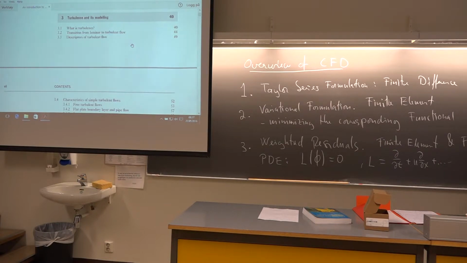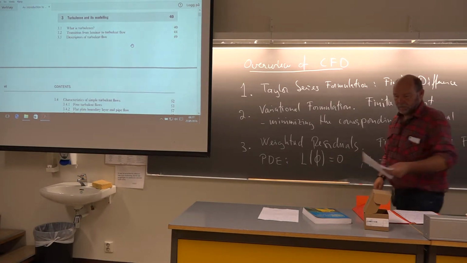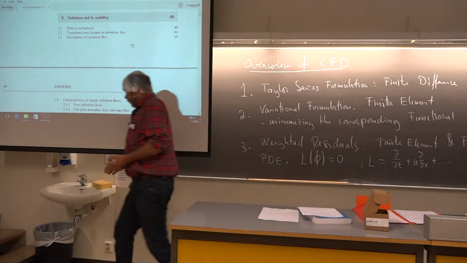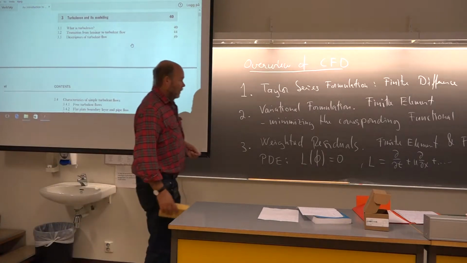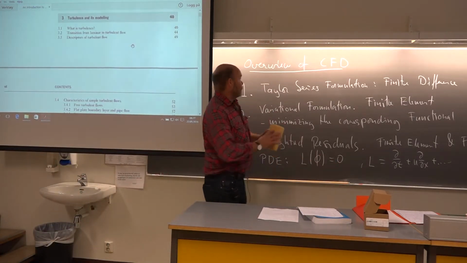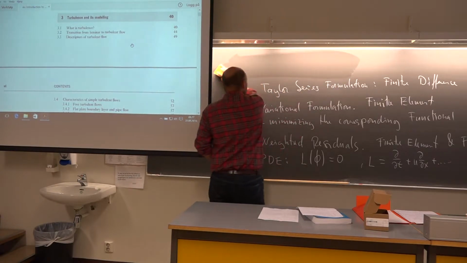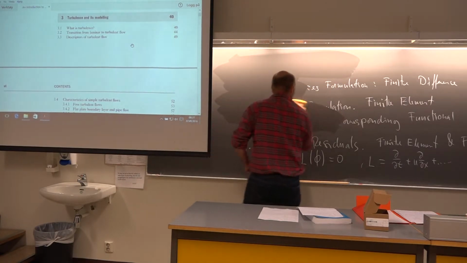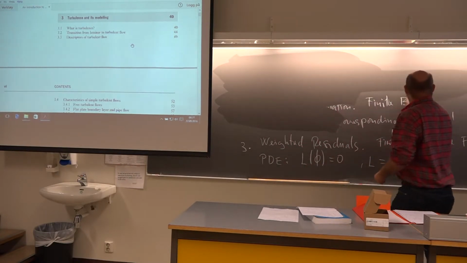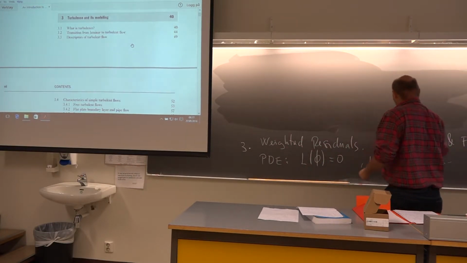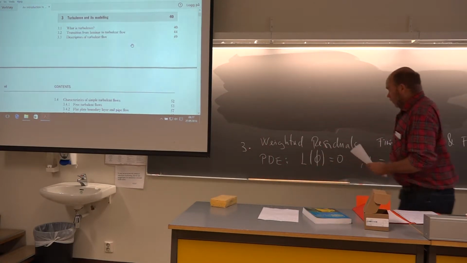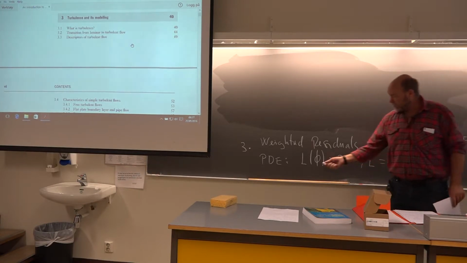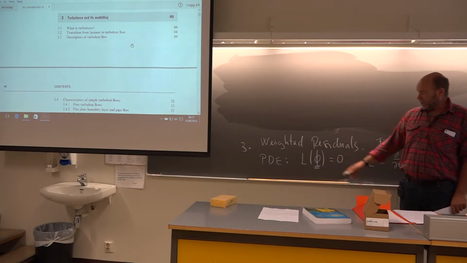So we just write it for short. An operator, insert now an unknown, which can be anything, pressure, velocity, whatever you want. Just to get it on the form equal to 0.